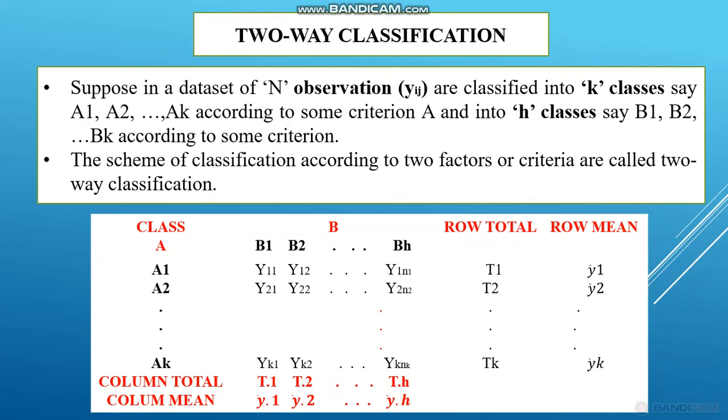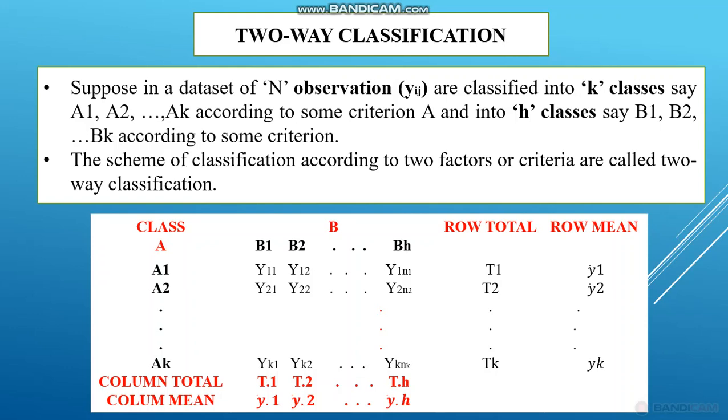Next up, two-way classification. Two-way classification means the data set is classified based on two factors. The first factor will be a1, a2, up to ak, that is up to k classes, and the second factor we are classifying up to h classes.